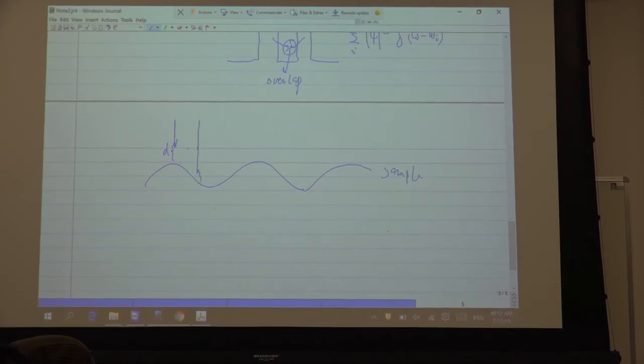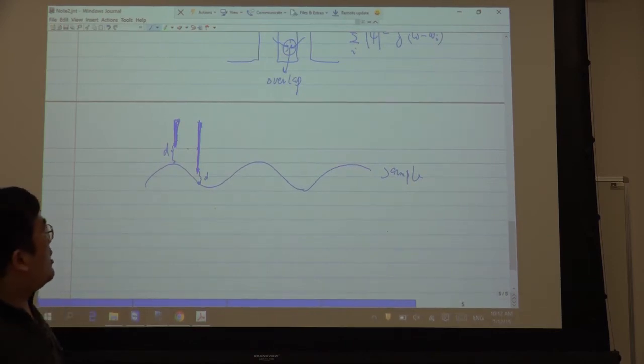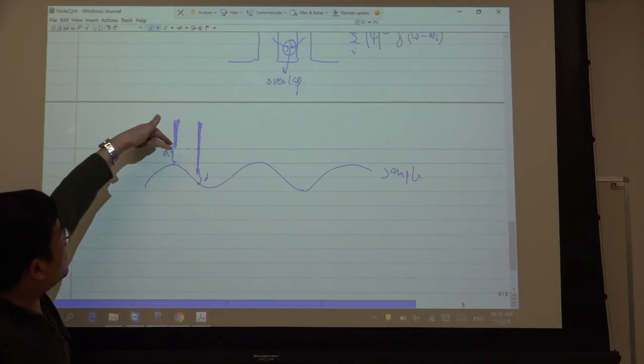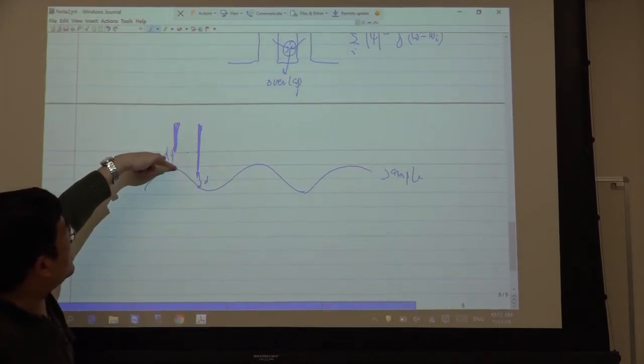This is almost the same, but the tip position should change. So the distance between this point and the sample almost does not change, because you keep the current constant. I said the tunneling current depends strongly on the distance between the tip and the sample.